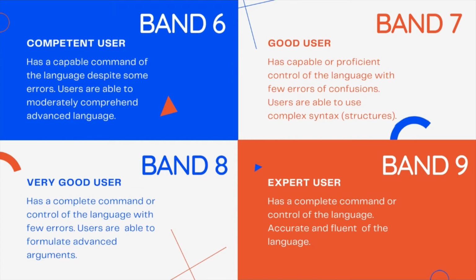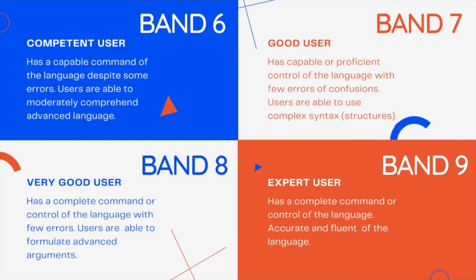Let us have band score 8. A band score 8 is a very good user. There is a full command of the language with few errors along the way, and we can consider the errors as slips, and can comprehend well even in unfamiliar situations.